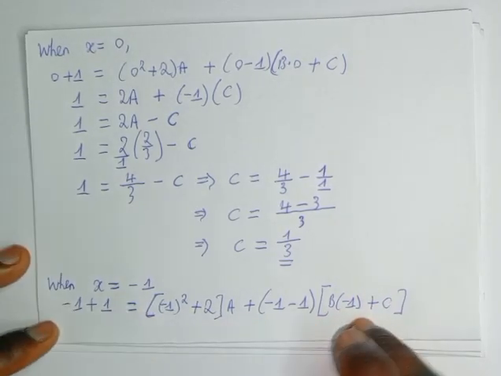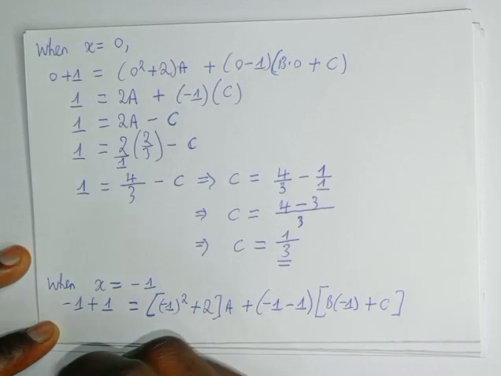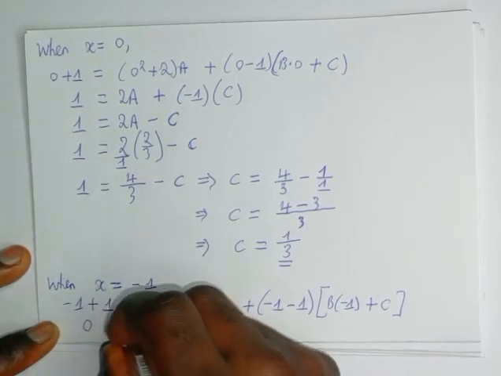This is what we are going to obtain. -1 plus 1 gives us 0.